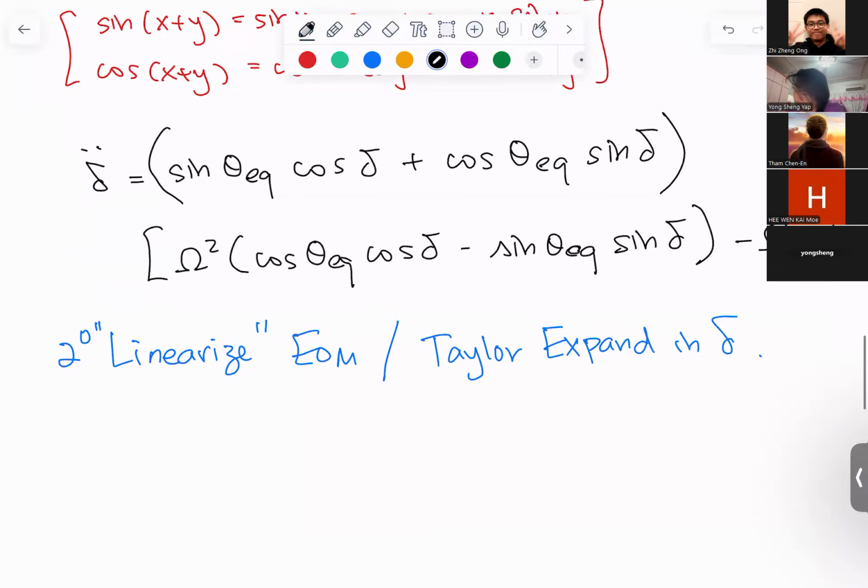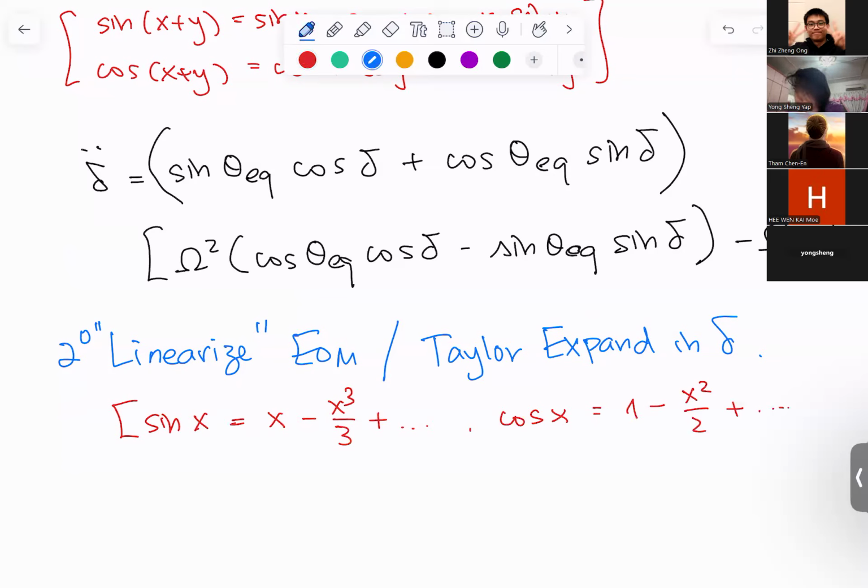So if you remember, the Taylor expansion of sine x is x minus x cubed over 3 factorial plus and so on. Cosine x is 1 minus x squared divided by 2 plus and so on.